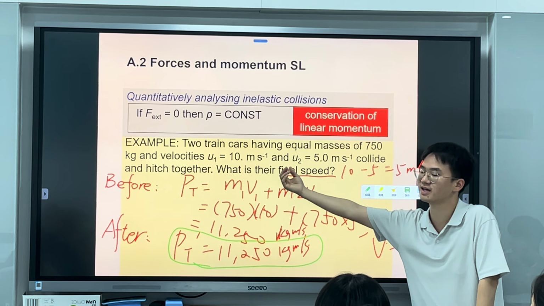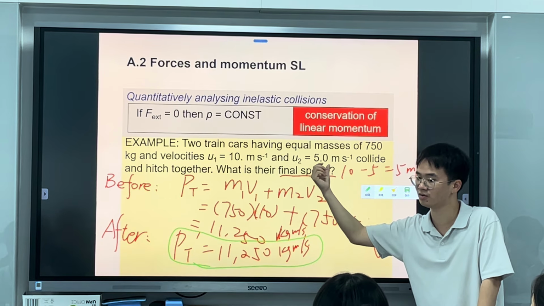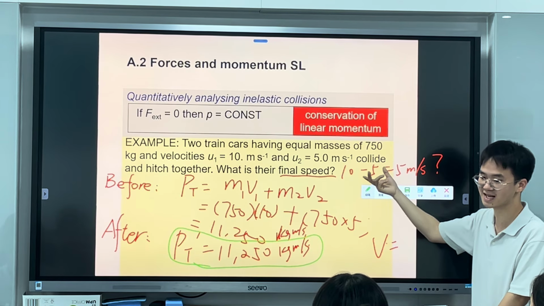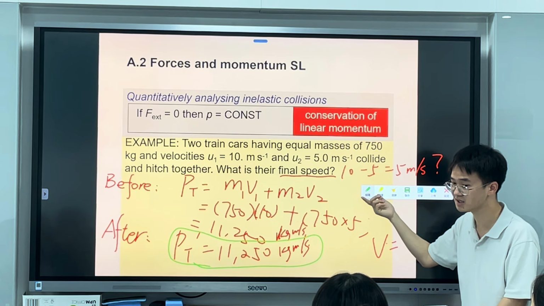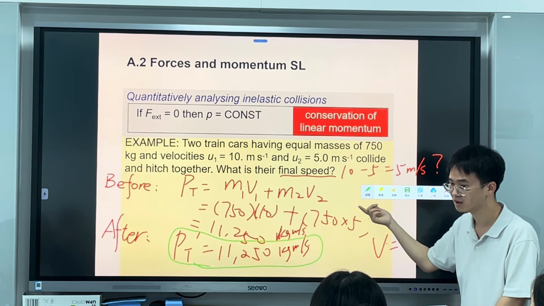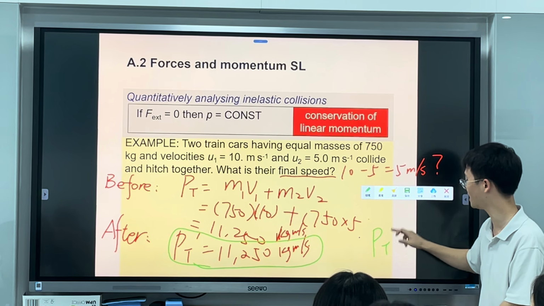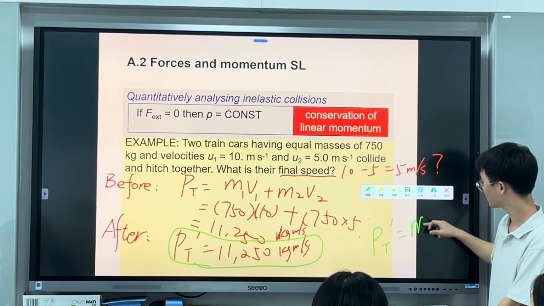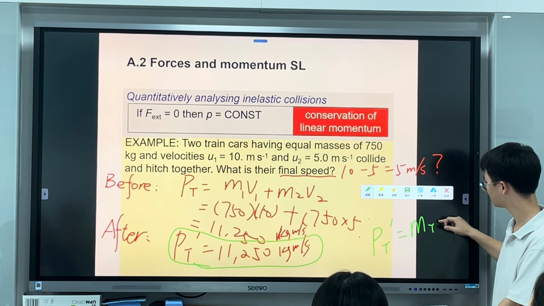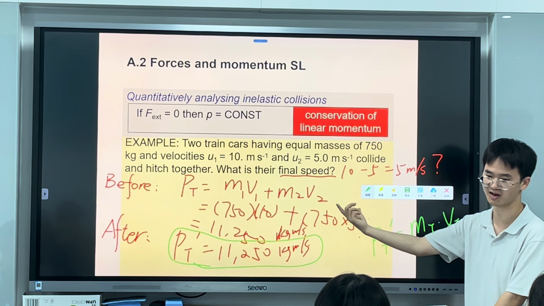What happens after they collide? They stick together, so the total mass after is 1,500. Do they share the same velocity after collision? So how do you calculate total momentum after collision? It should be total mass times total velocity, which is the final velocity because they're moving together at the same velocity.